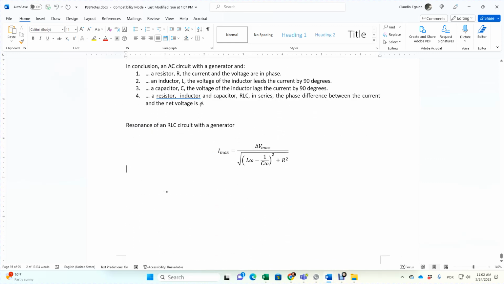Let us analyze this type of equation because it gives rise to what we call the resonance of an RLC circuit. First, what is resonance?